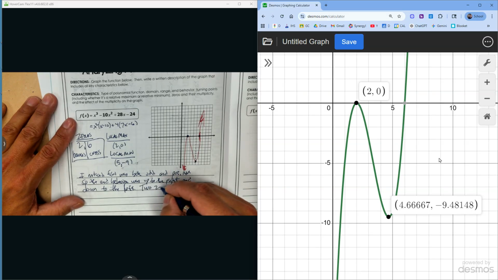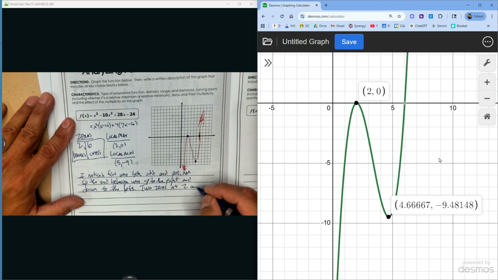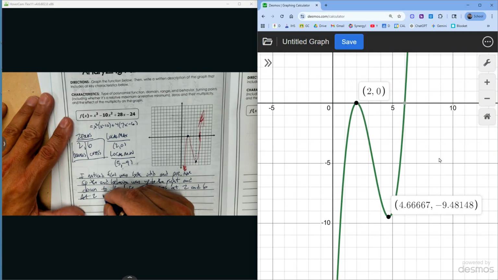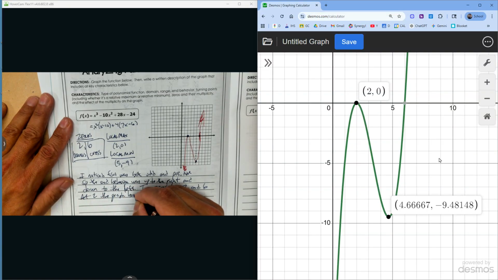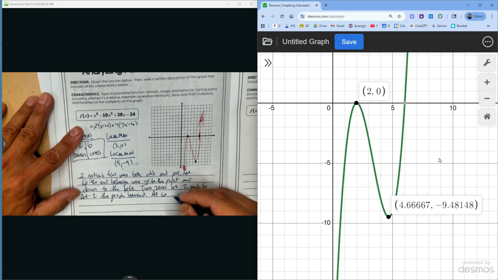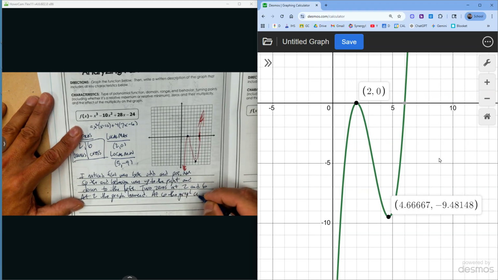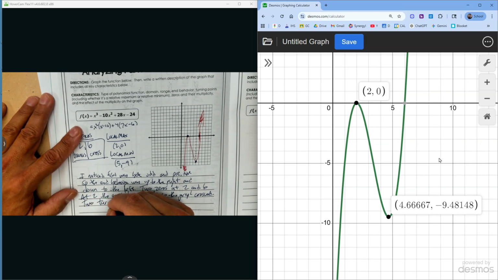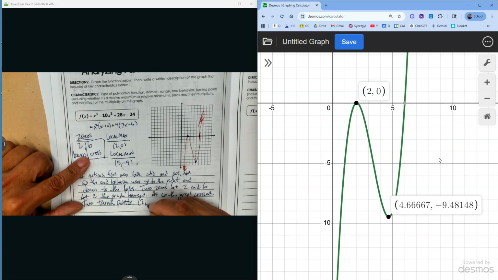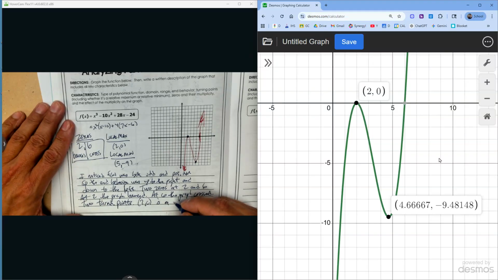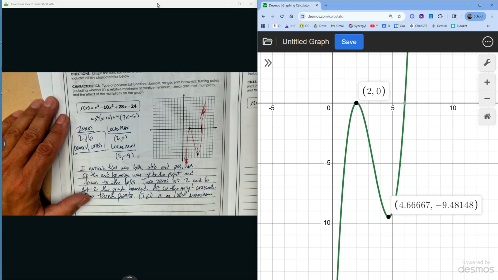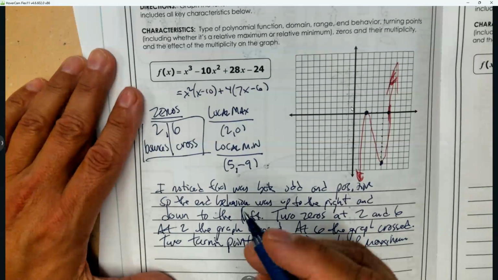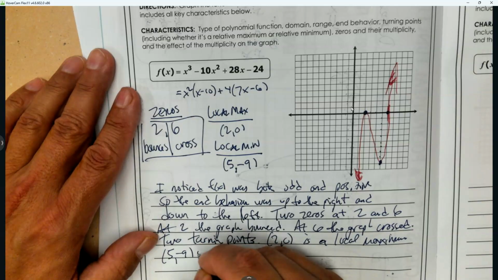Two zeros at 2 and 6. At 2, the graph bounced. At 6, the graph crossed. 2 turning points. 2, 0 is a local maximum. 5, negative 9 is the local minimum.